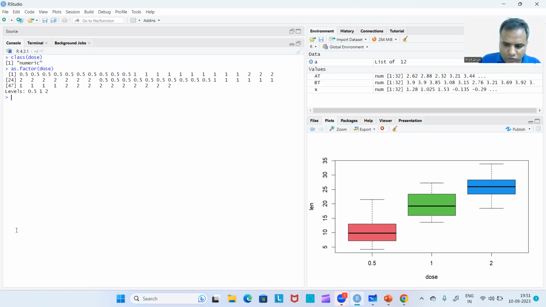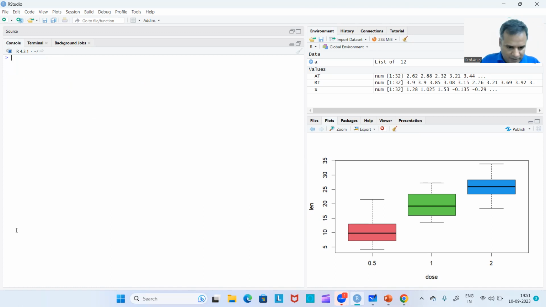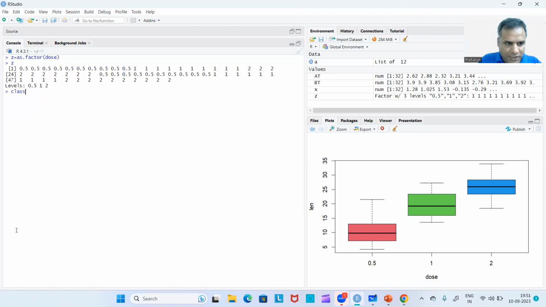Now, if I check class of dose, no, again it is not taking. It should be as.factor. Just a second. Let me create a vector: z is equal to as.factor(dose). Now let me check the class of z.